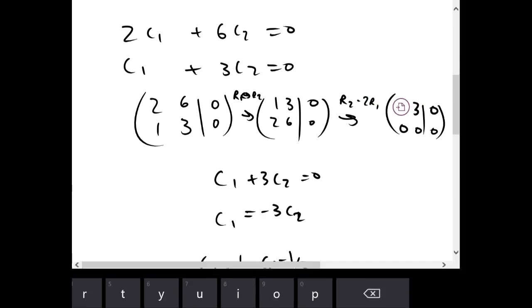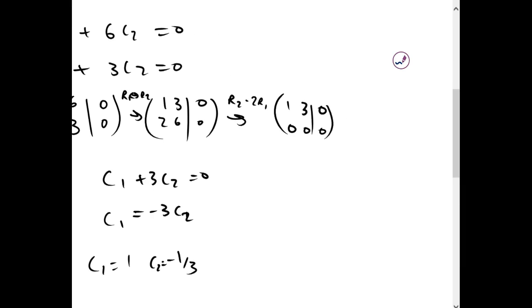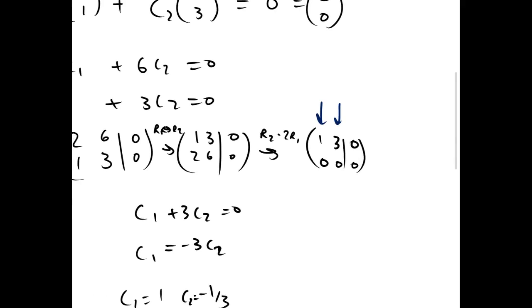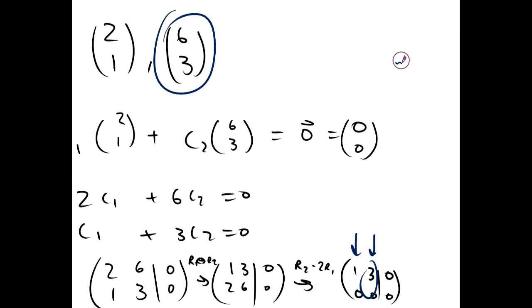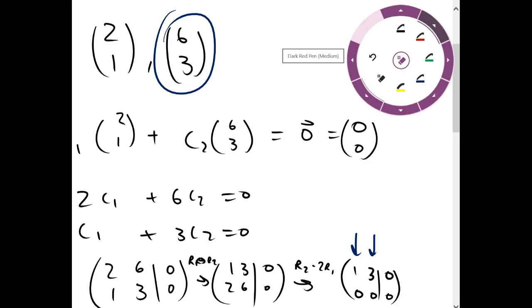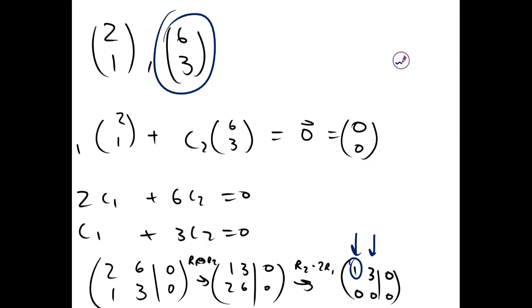So now if we look at our reduced row echelon form, we see that we have a 1 here and a 3 here. And what this tells us is that the second vector we had, 6, 3, is a multiple of the first vector.